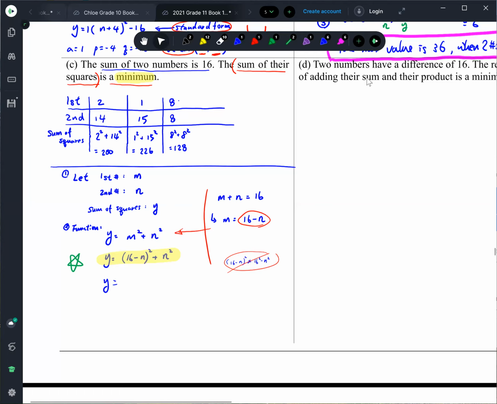Okay, so do you need help expanding, getting the general form? Oh, we need to expand that? Yeah, you need to expand the brackets, combine the like terms, put it in order. Okay, general form. So this bracket 16 minus n and another bracket 16 minus n.